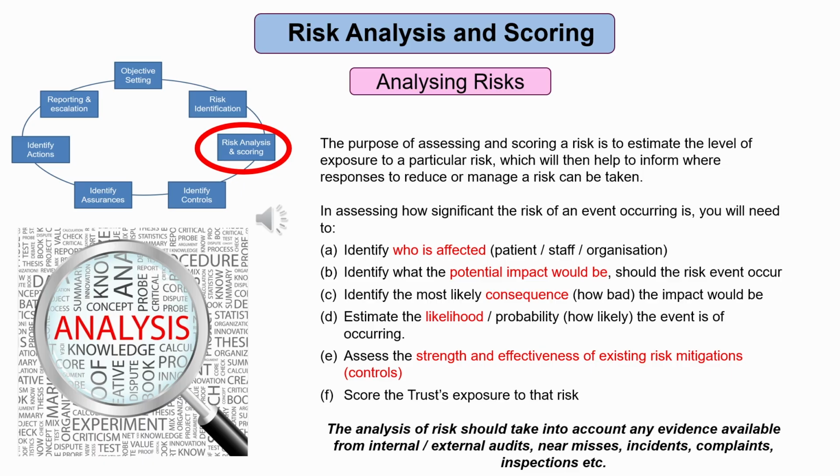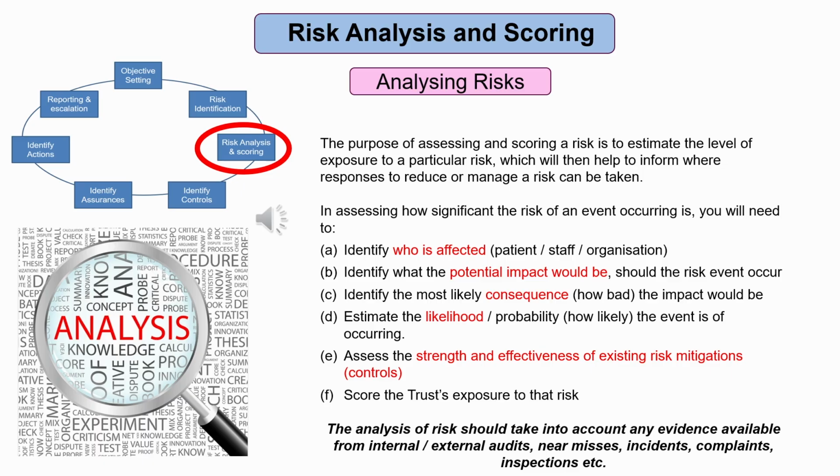In assessing how significant the risk of an event occurring is, you will need to do the following. Identify who is affected: patient, staff, organisation. Identify what the potential impact would be should the risk event occur. Identify the most likely consequence, or how bad the impact would be.